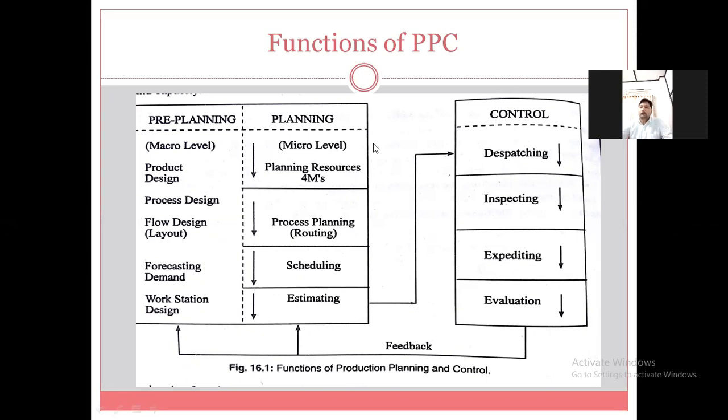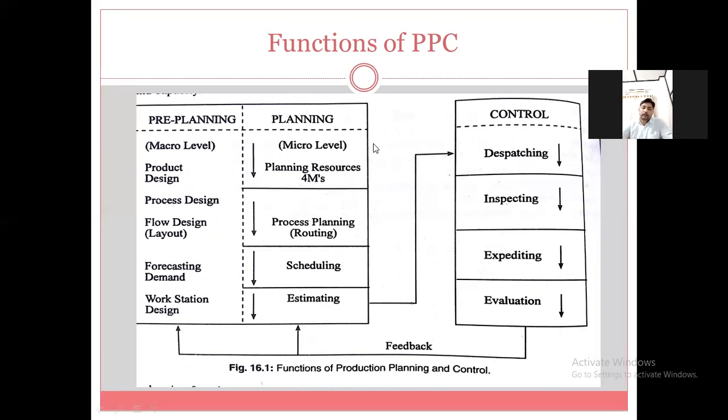Okay, so where the raw material enters the industry, how that material will be transferred from the store department to the machine section, which process will be performed first on that product, then which second process.